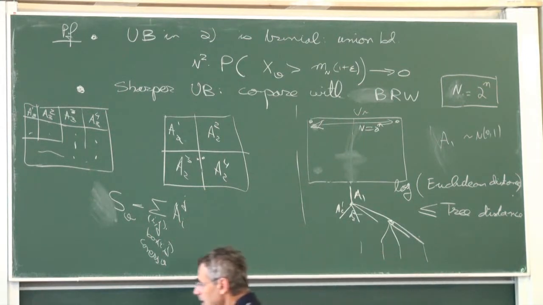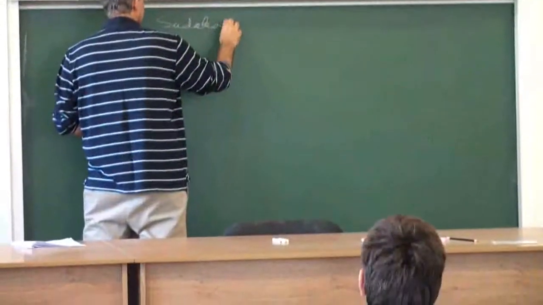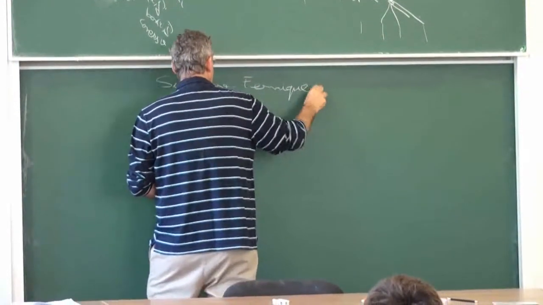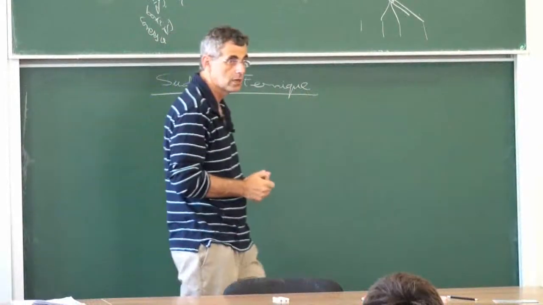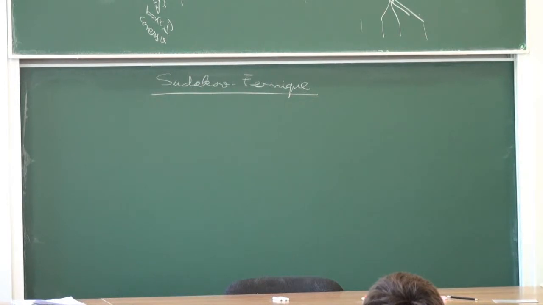And now we remember the Sudakov-Fernique comparison. It told us, essentially, that if things are less correlated, the maximum is larger.